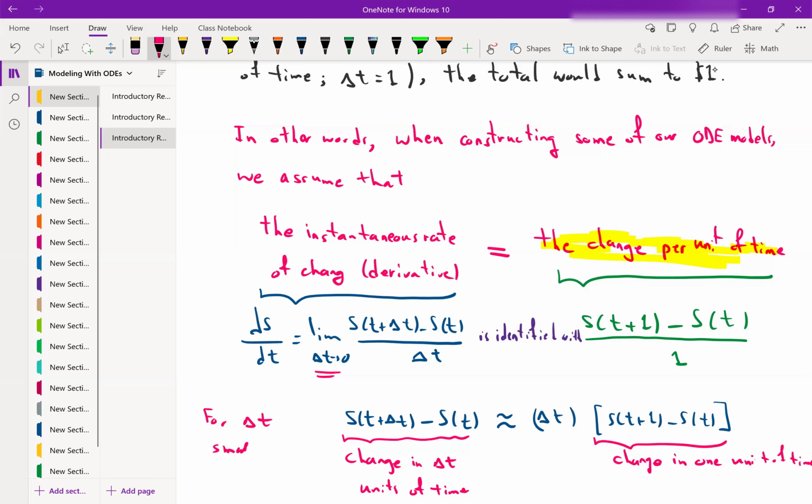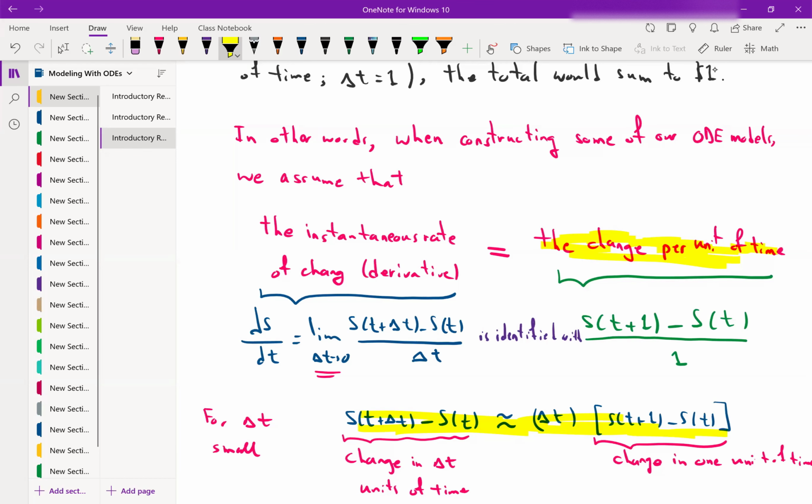So I can divide both sides of this last equality by delta t, and then take the limit as delta t goes to 0 to get the identification that I showed you above. This is the assumption that we are making in some of our ODE models, that at least for small values of delta t, this approximation is a good approximation.